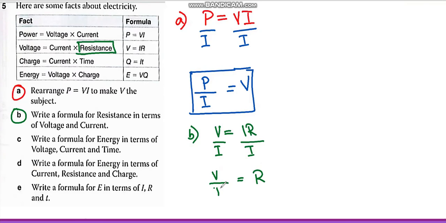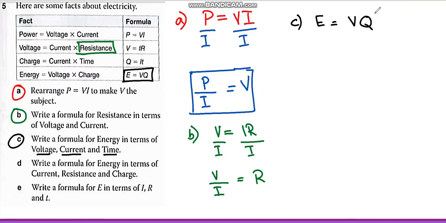In C part, they want us to write the formula for energy in terms of voltage, current, and time. Currently, we are given the formula that is E is equal to V times Q. So if we do C part, it is actually given that E is equal to V times Q, but we have to represent energy in terms of voltage, current, and time.